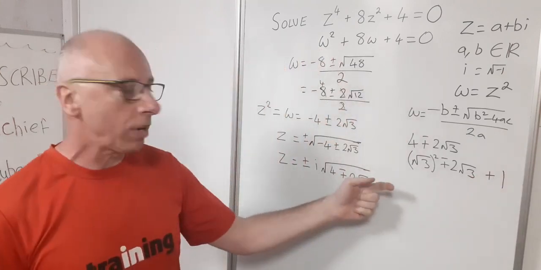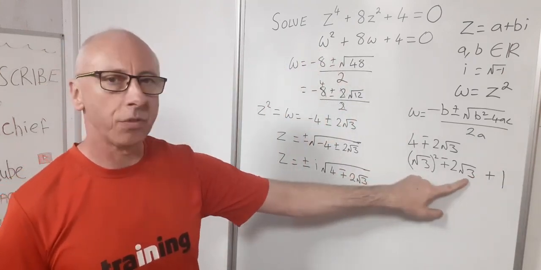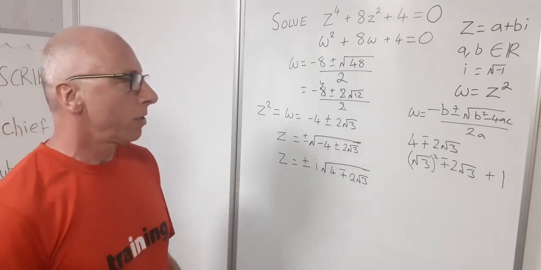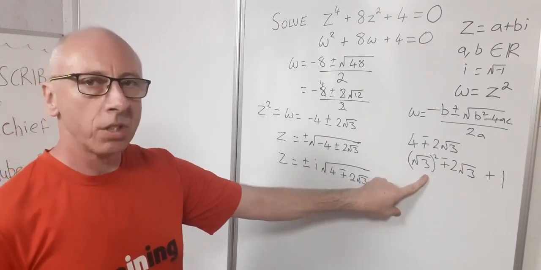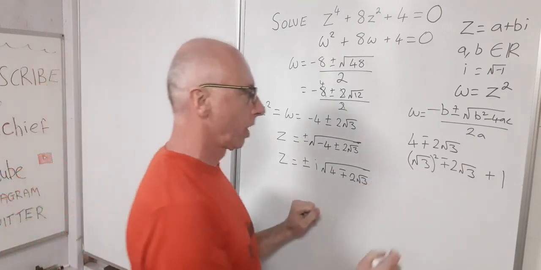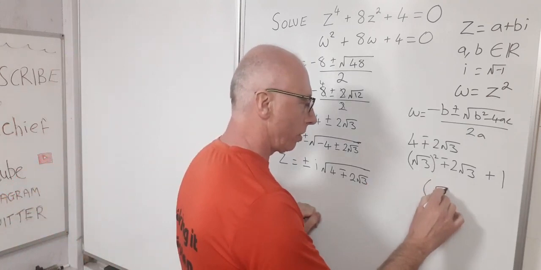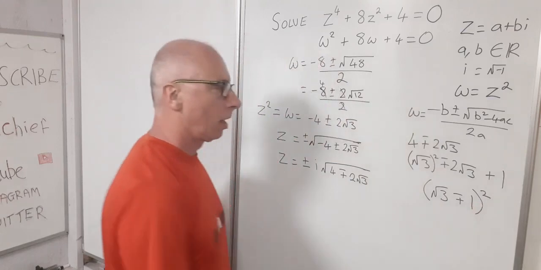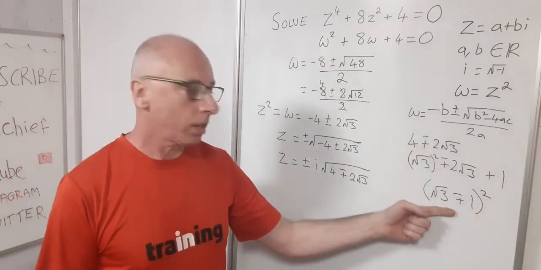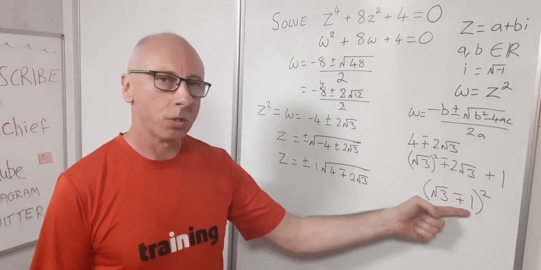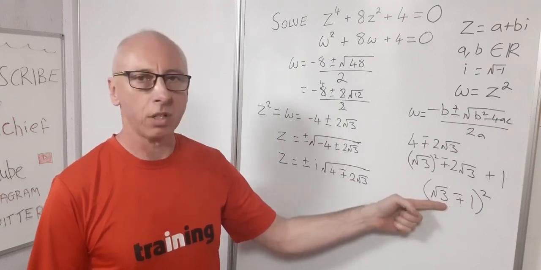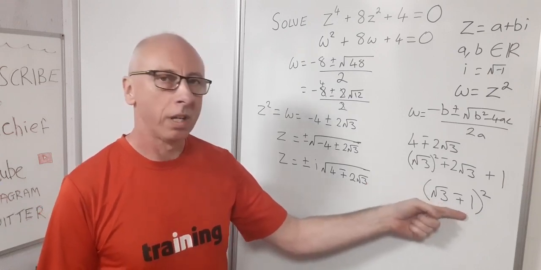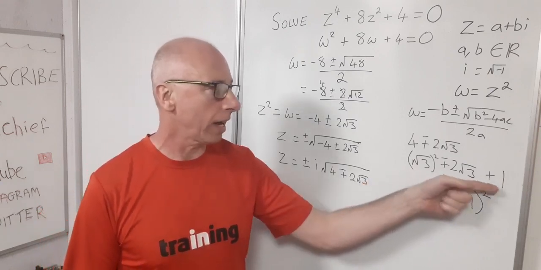Now I've created a quadratic in terms of the square root of 3 as my variable, although it is actually a constant. So I can factor that into a square: root 3 minus or plus 1, squared. If I square this, I'll have plus 2 root 3's plus a 1 and a root 3 squared, and if it's a minus, I'll have minus 2 root 3's plus a 1 and plus a root 3 squared, as I have here.